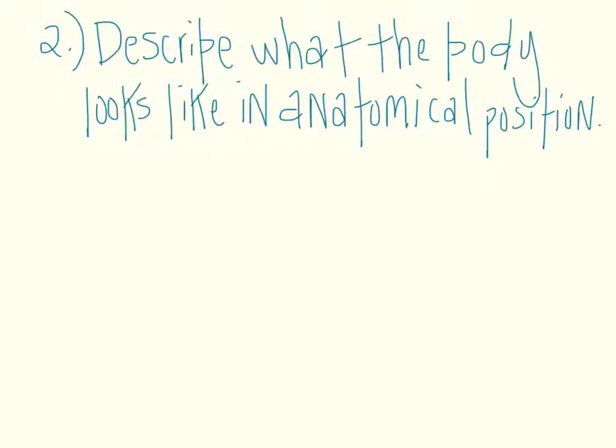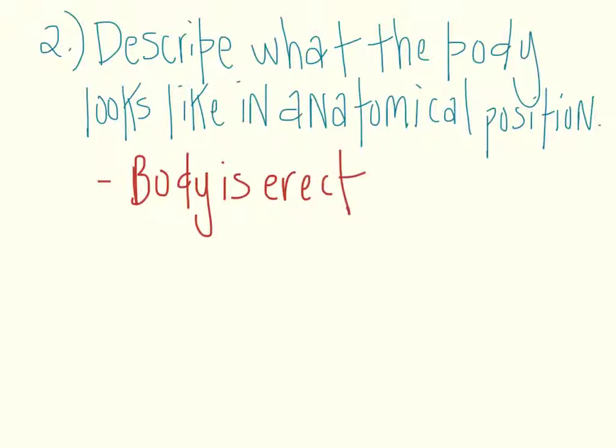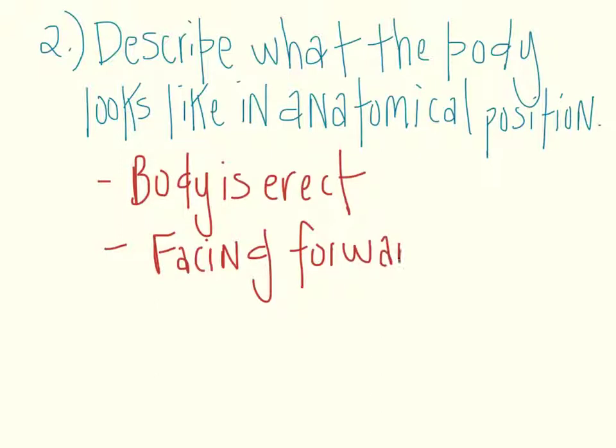Second question, describe what the body looks like in anatomical position. So remember that the body is erect, and all that means is the body is standing up as opposed to sitting down. Everything is facing forward, so eyes, feet, everything faces forward.